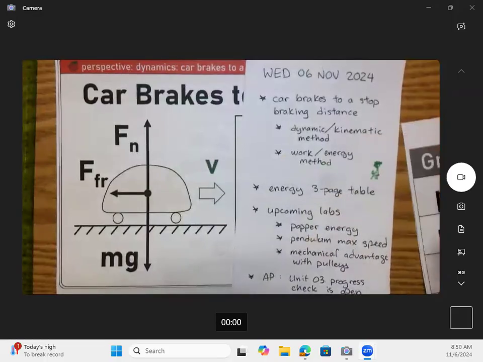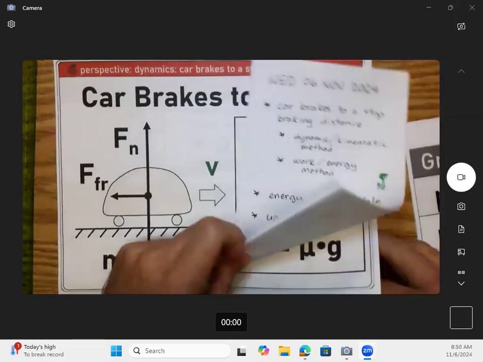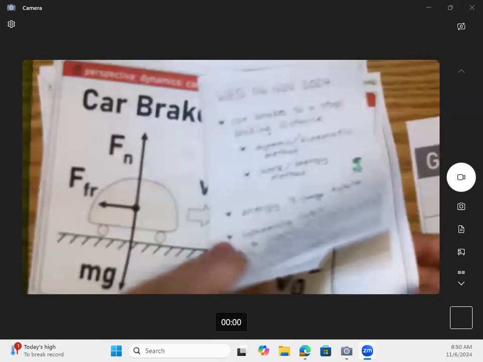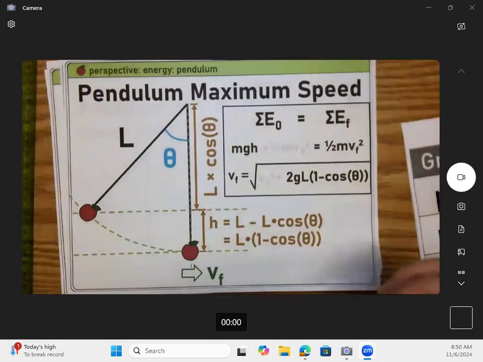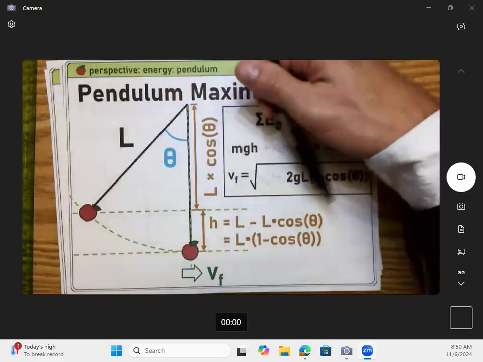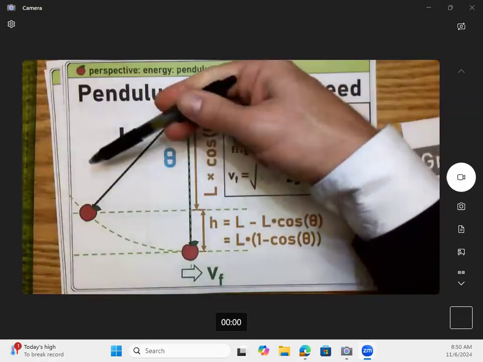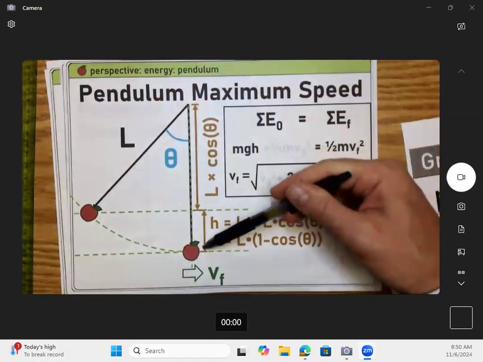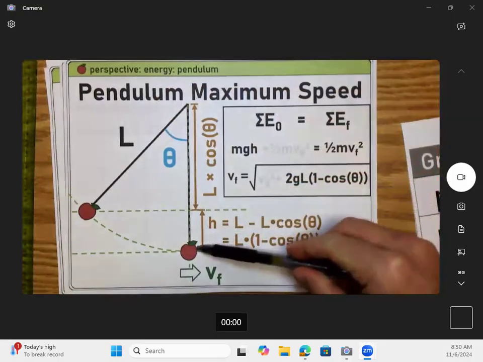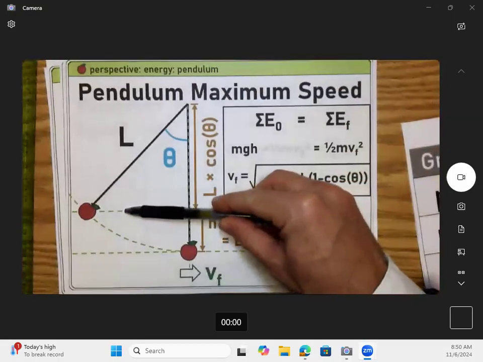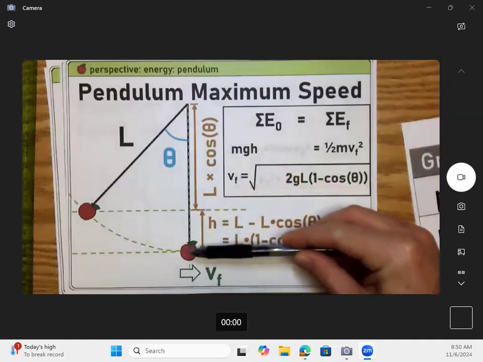All right, pendulum maximum speed. I know I got a poster for this one too, coming up pretty soon. As a pendulum is swinging, which point do you think it's moving the fastest? The very bottom, right? And you can think about that in terms of conservation of energy. What kind of energy all the way at the top? Potential. What kind of energy right at the bottom?